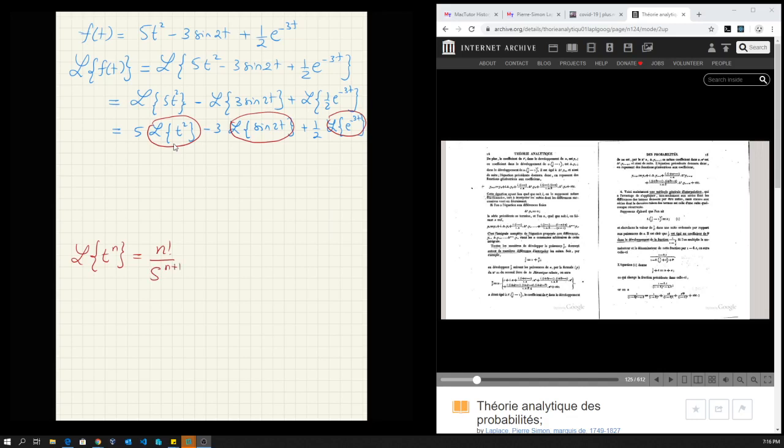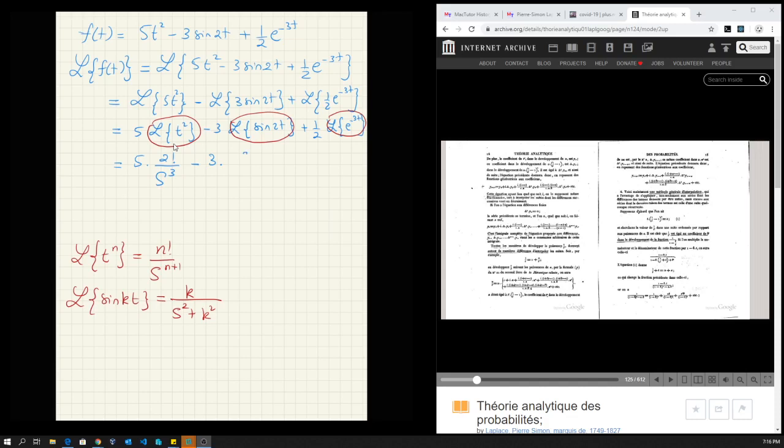So that means for our problem, this is going to be 5 times 2 factorial over s to the power 3, minus 3 times. We also know from the table that the Laplace of sine of a number k times t is going to be k divided by s squared plus k squared. So for this particular problem, our k is 2.